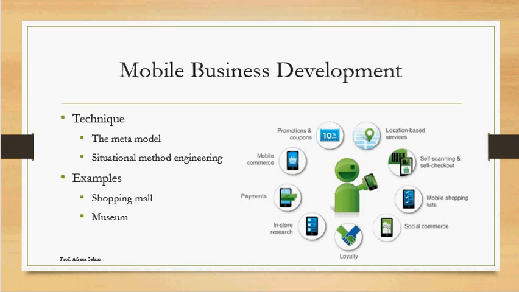So for example, if you see a shopping mall, the owner of the large mall has a plan to enrich the shopping experience in their mall. They can develop wireless applications to use on a smartphone, or any of the wireless devices can be made available for rent at the entrance.